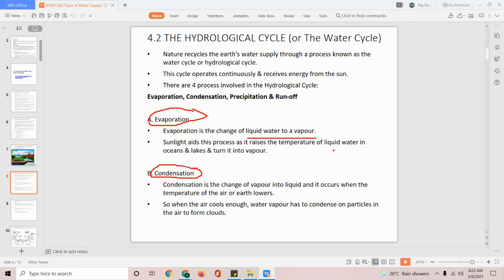Most of this liquid is from oceans and lakes. And then after that, we have our next process, which is condensation. This occurs when vapor changes into liquid. So they form cloud.